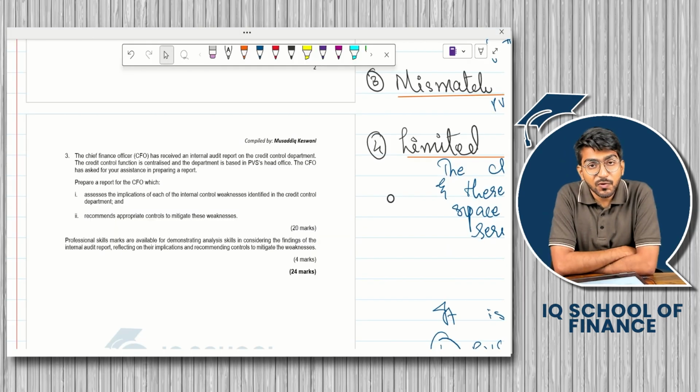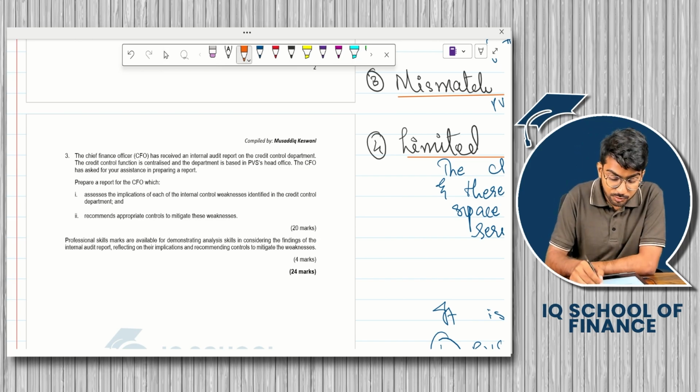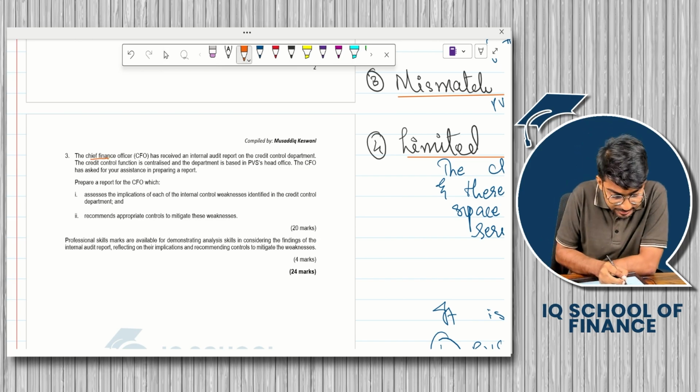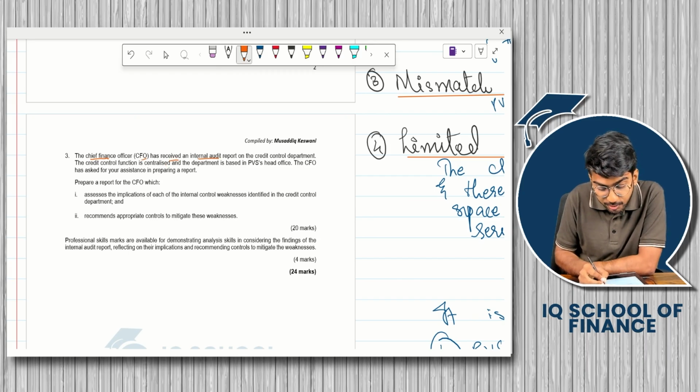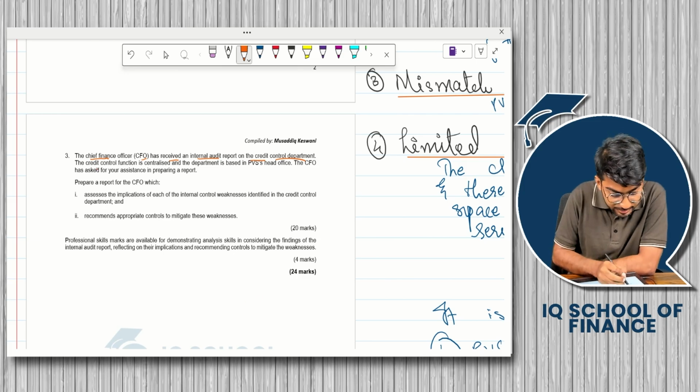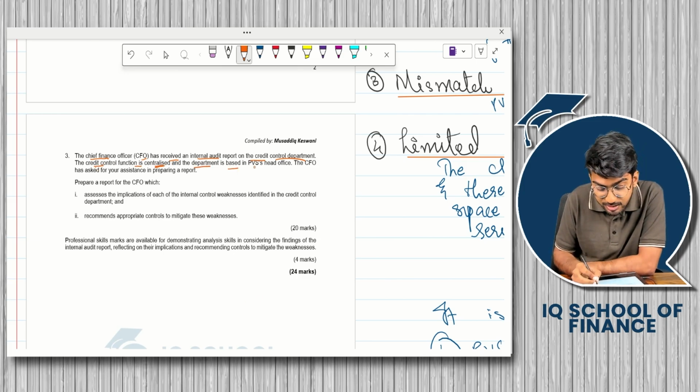Okay, so now let's move forward towards question number 3. In question number 3, the chief executive officer, CFO, has received an internal audit report on the credit control department. The credit control function is centralized and the department is based in PVS head office.